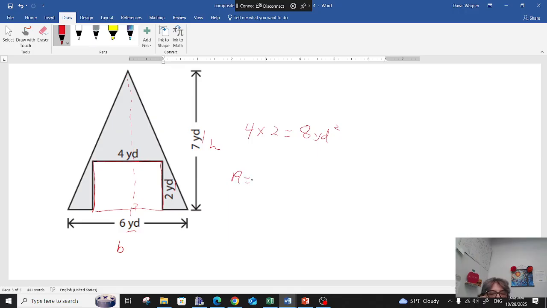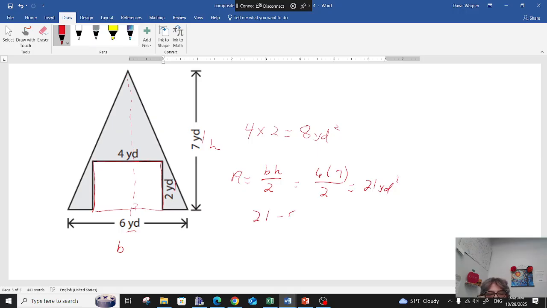Area equals, what's the area formula? Base times height divided by 2. And you are right, the base was 6. The height is 7 and divided by 2. What's 42 divided by 2? 21 yards squared. And now what do I do?